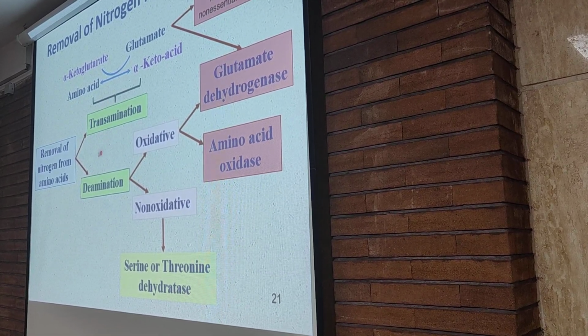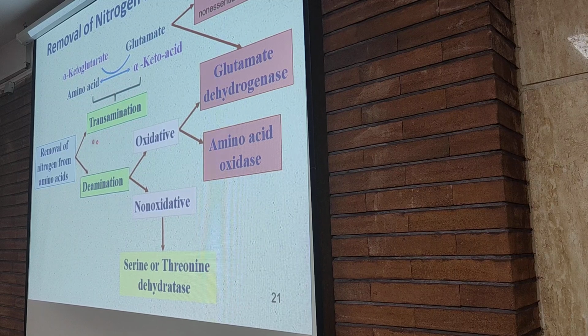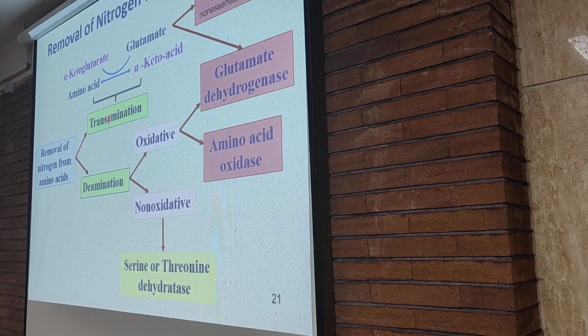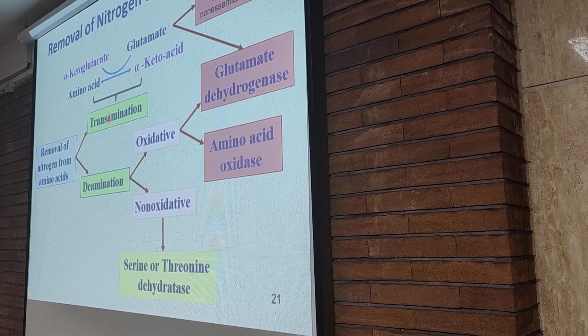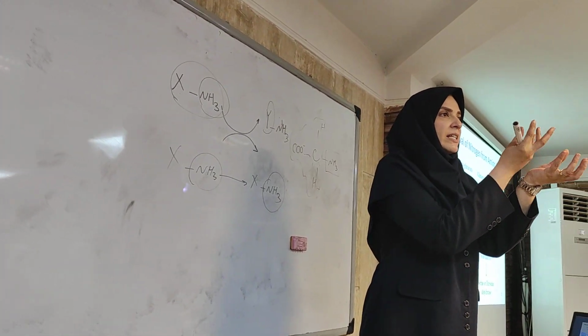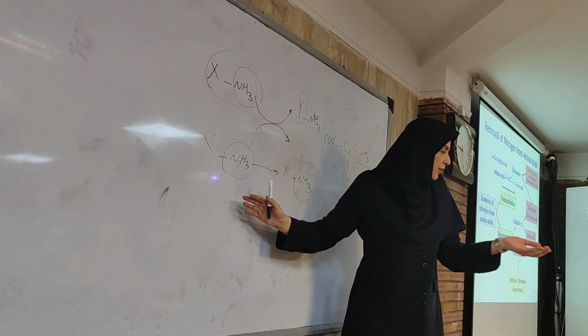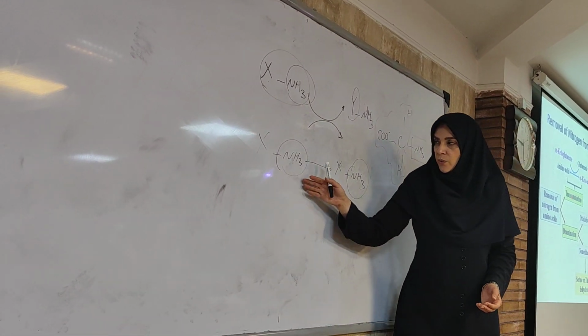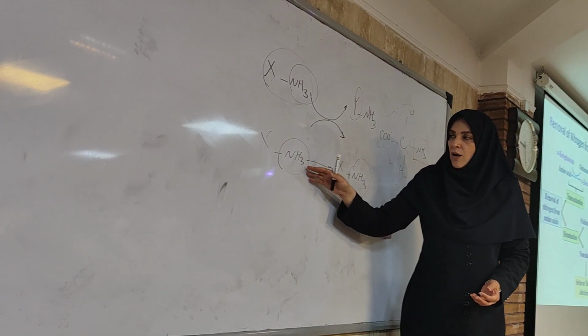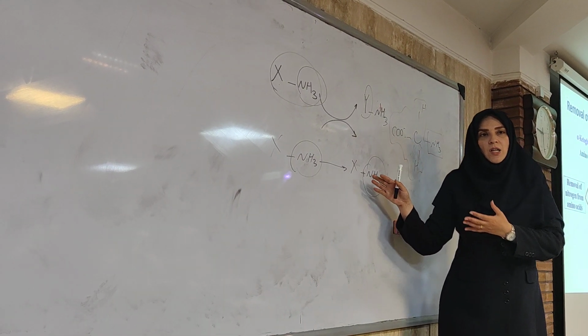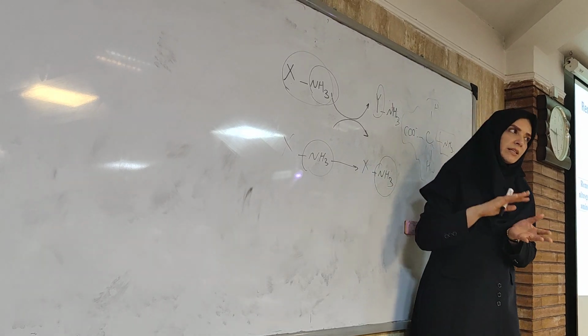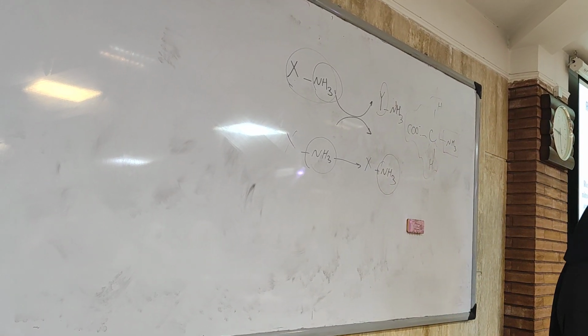For example, alanine and aspartate become transaminated. So it depends on the nature of your amino acid. Some release their amine in deamination, some of it oxidative, another non-oxidative.